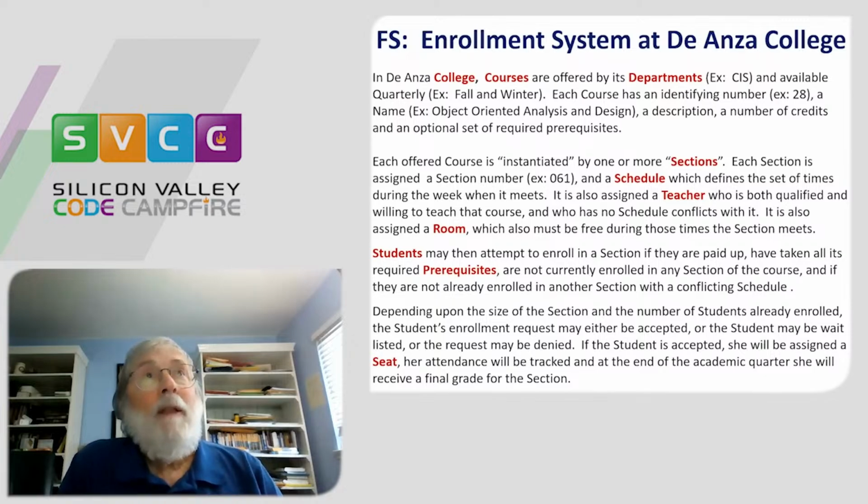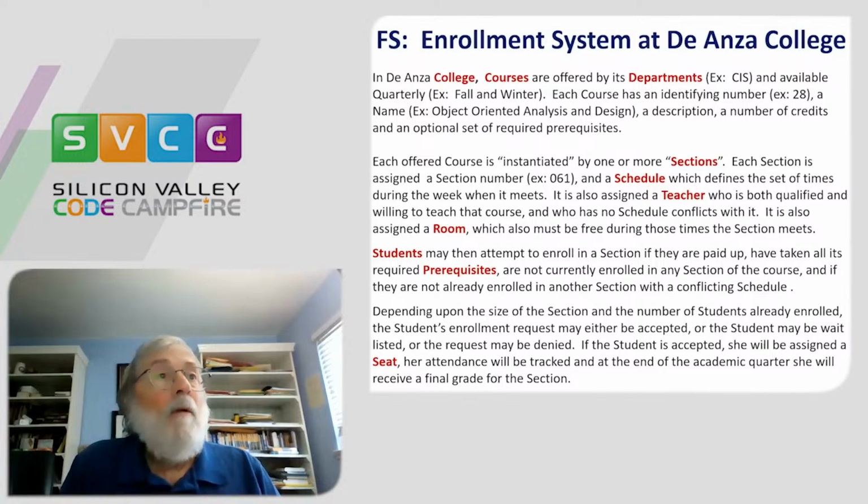That's important. That's a requirement that the registrar would agree with, and it's trying to define what the programmers understand that they have to do. We've added each section is assigned a section number and has a schedule which defines the set of times that it meets.